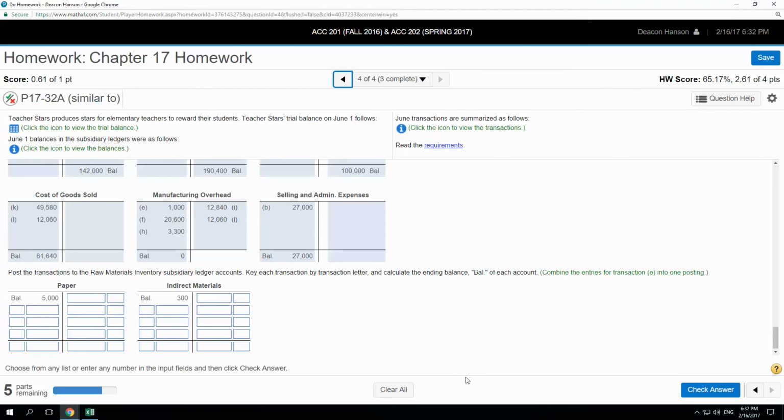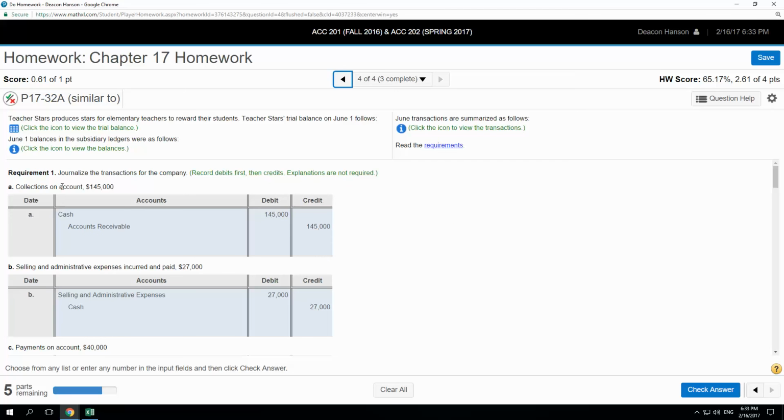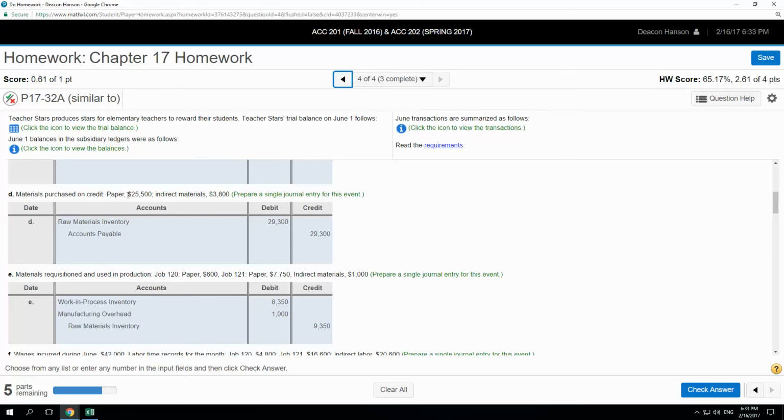Okay. Let's see here. Post the transactions to the raw materials inventory subsidiary ledger accounts. Key each transaction by transaction letter and calculate the ending balance of each account. So we got to go back and look at what happened when they bought paper, right? In that first transaction where material was bought, they bought 25,500 in paper and 3,800 in indirect material.